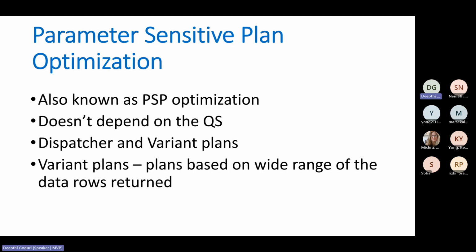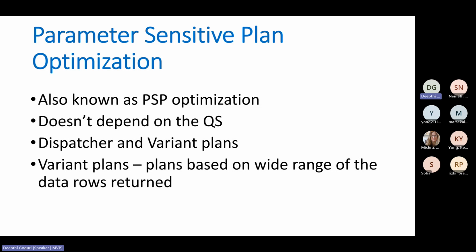Lot of problems. But with the parameter sensitive plan optimization, one of the IQP features, the SQL engine will save multiple plans in your plan cache so that you do not have to recompile those plans. Until now, only one plan got saved for the query.